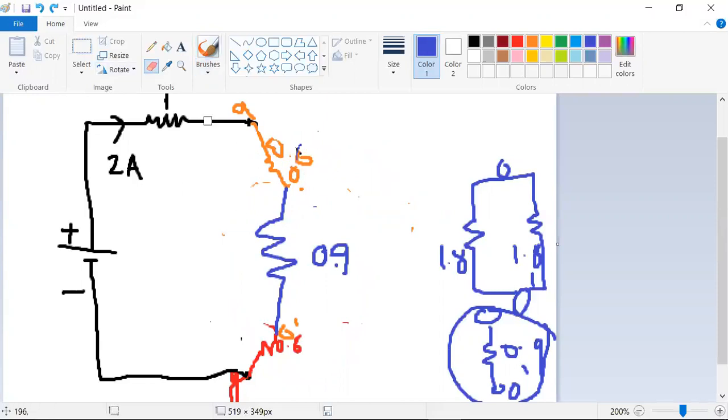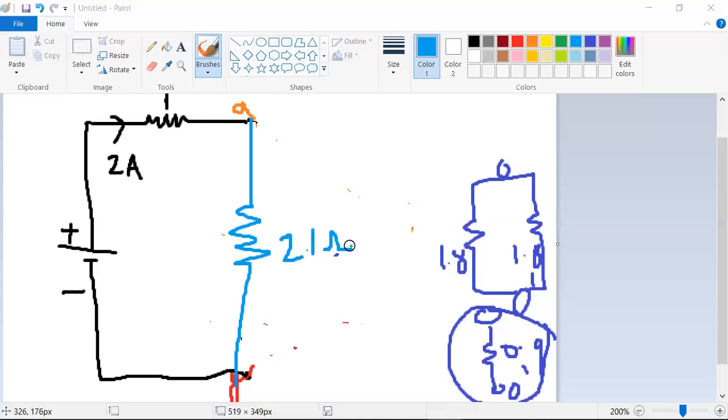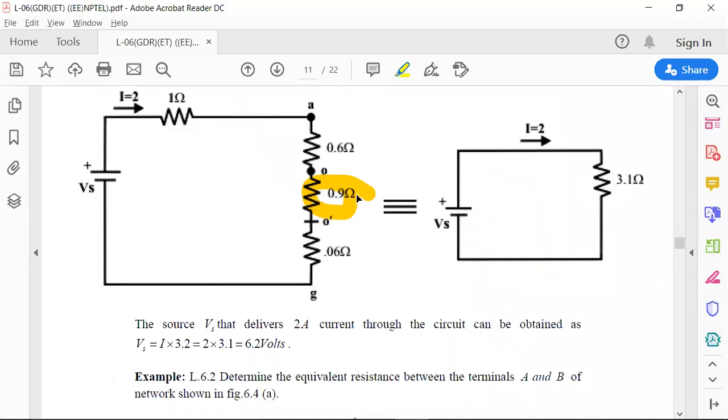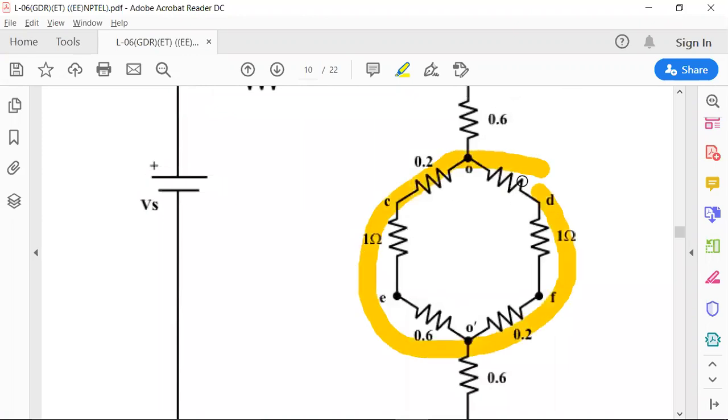Then the value will be 0.6 plus 0.6 plus 0.9, which is 2.1 ohms.